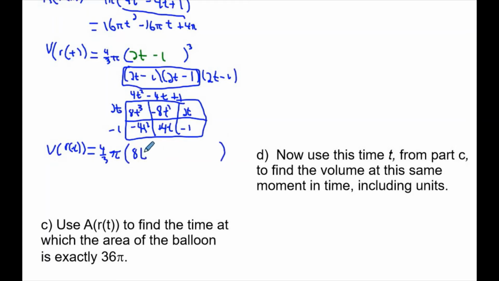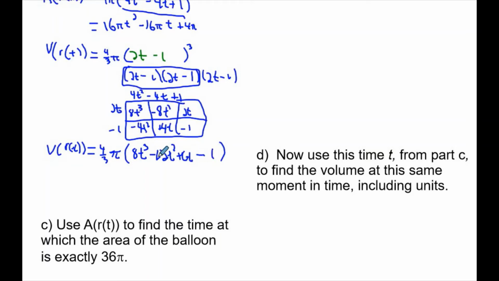So 8t cubed, negative 4 and negative 8 are negative 12t squared. 4 and 2 are 6t. And then we have minus 1.